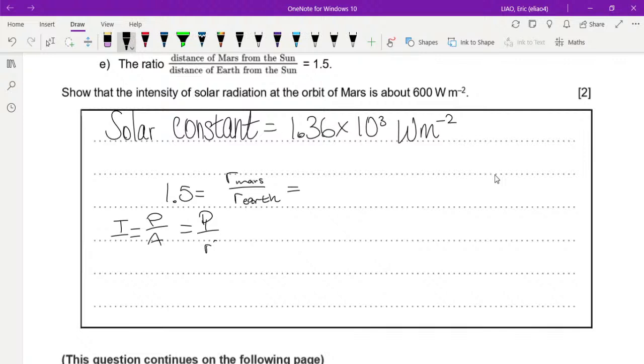Whatever, we can just close like 4 pi r squared anyway. So we will rearrange for r. Kind of like that?